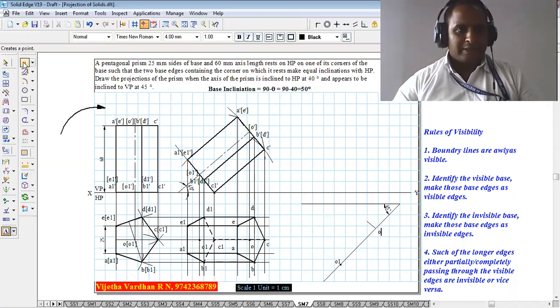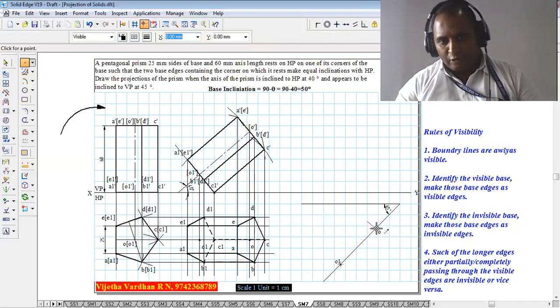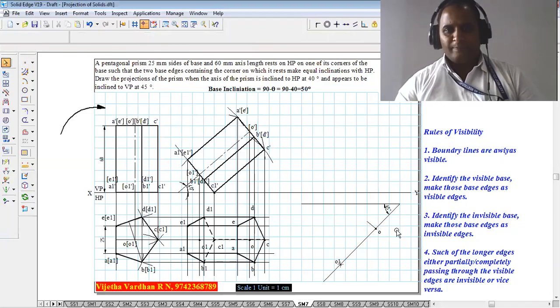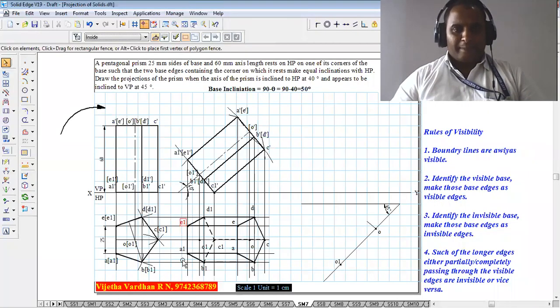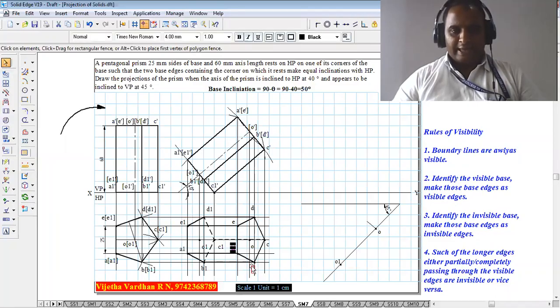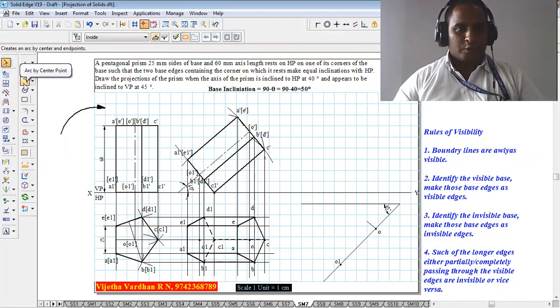Now, after marking the position of O1, one can locate a point for reference. And after marking a point, the remaining points A1, B1, C1, D1, E1 and A, B, C, D, E must be transferred over there. Now let me show you how to do the same.